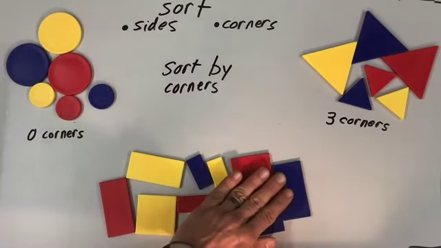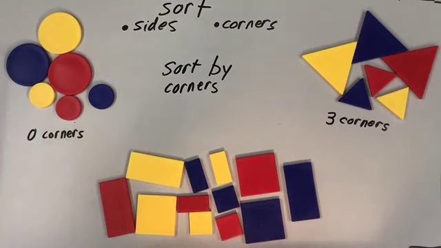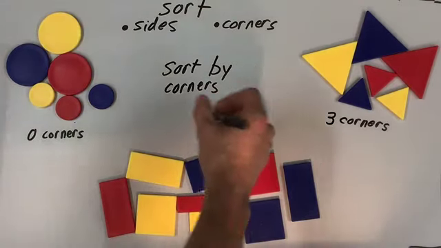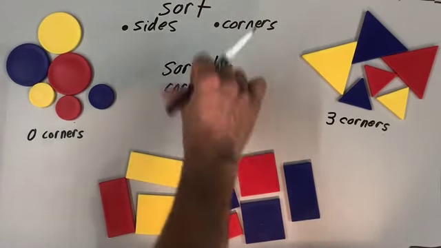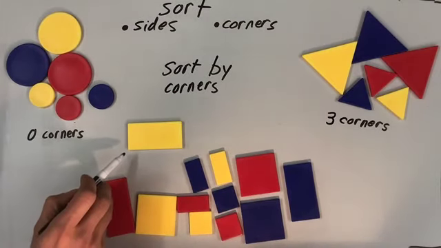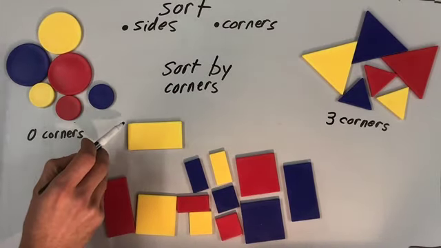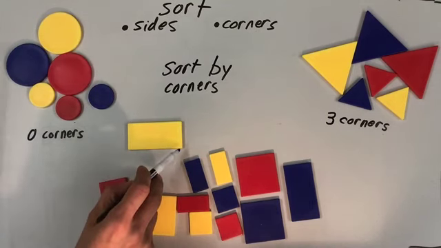And the same thing goes for the squares and the rectangles grouped together. 3. Whoops. I made a mistake. 4 corners. Let's count them. 1, 2, 3, 4.